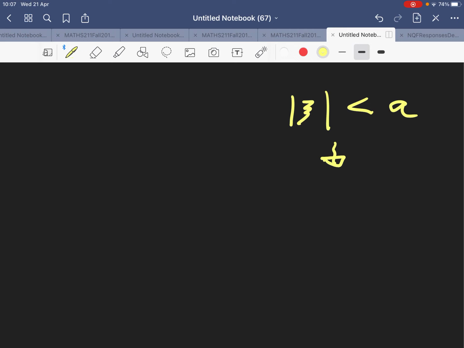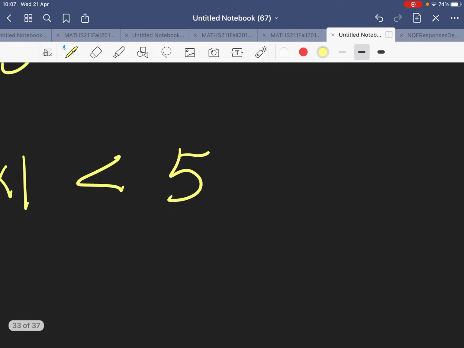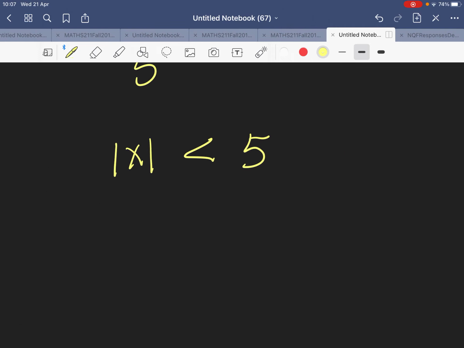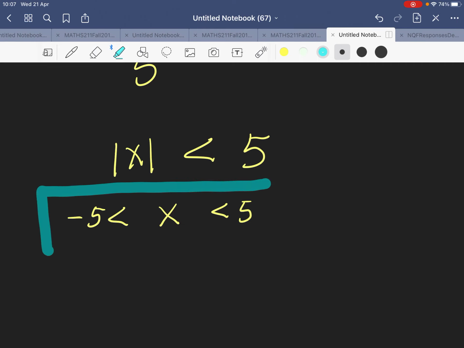If you don't want to see the absolute value, you write minus a, you write a, and here you write whatever is in the middle. And then you solve it. And that's exactly what I will do here. It will become negative 5 and 5, less than, and x in the middle. And that's it.